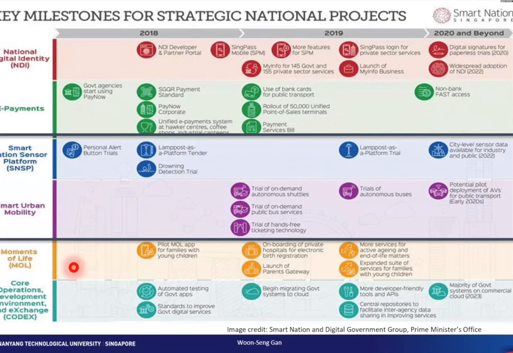There's also another horizontal called Moment of Life, which bundles government apps and services across different agencies to make citizens' transactions easier and seamless.